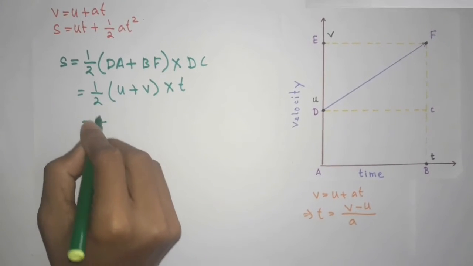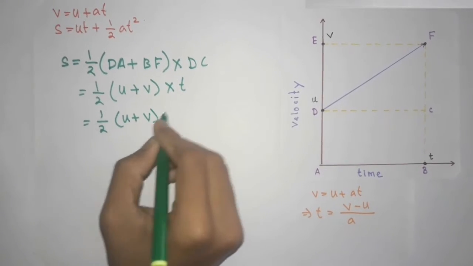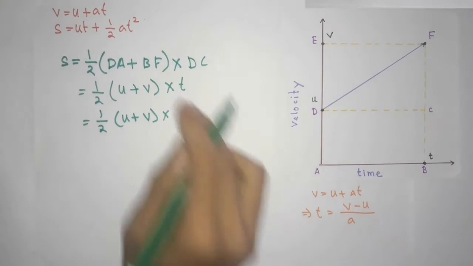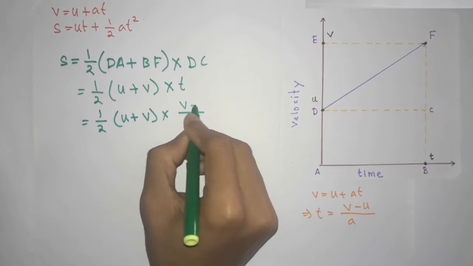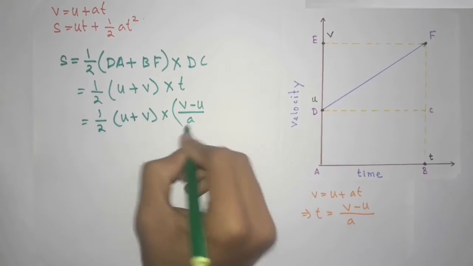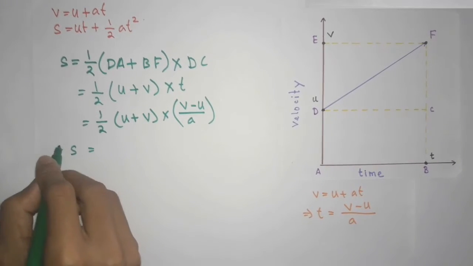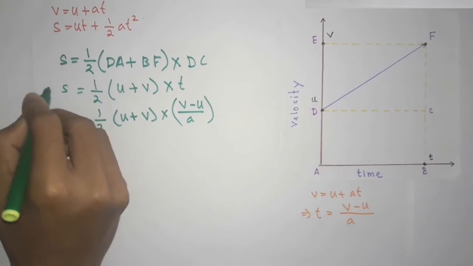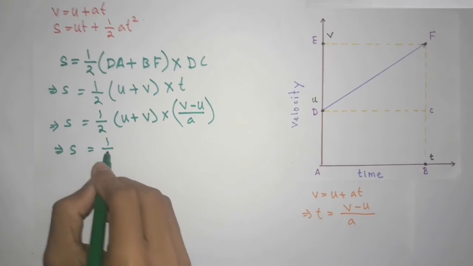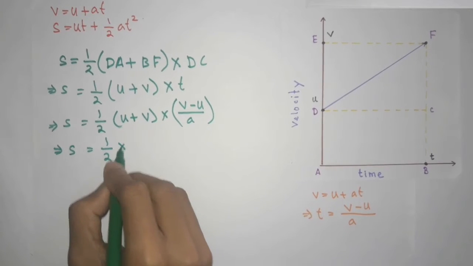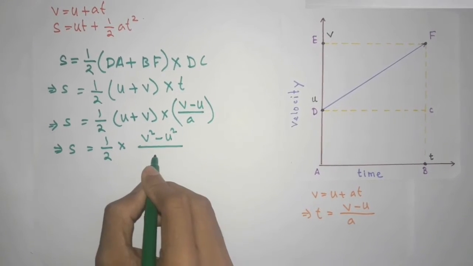So half into u plus v into, in place of t, v minus u by a. So here s is half into v squared minus u squared by a.